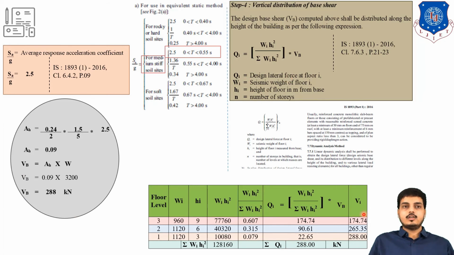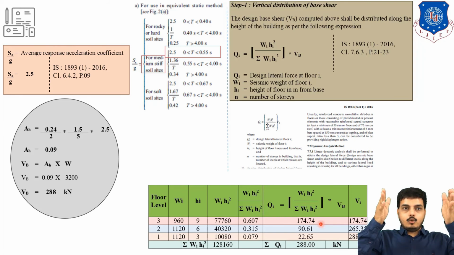Now Vi is nothing but the shear. So the shear in each story is nothing but a sum up of all. This we have done in the theory, in which all the load will be coming out to be at the bottom. So the top was having the lowest one and the bottom at the base was having the maximum one. So it will be the top plus this and go on.